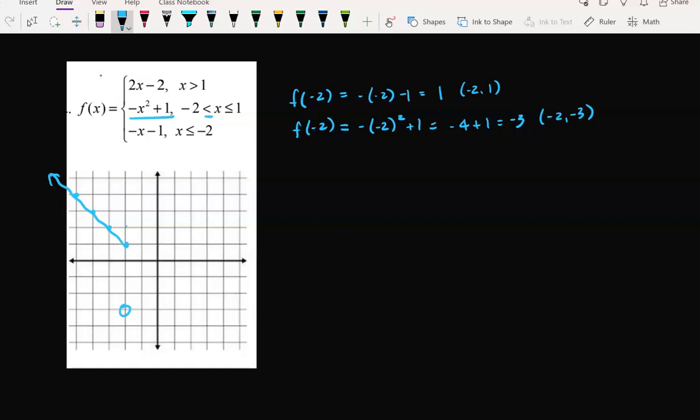And then you notice that this quadratic just went up 1 from the vertex, and it reflected over the x-axis. And so the slope is going to be -1, so it's going to be right 1 down 1, right 1 down 1. It's going to be right 2 down 4, right 2 down 4.